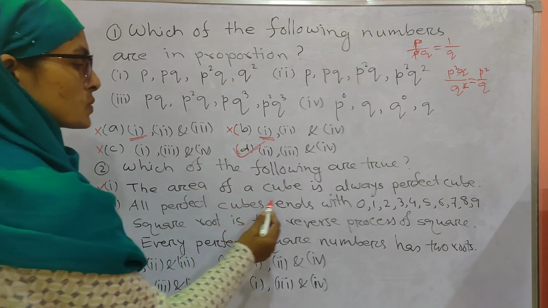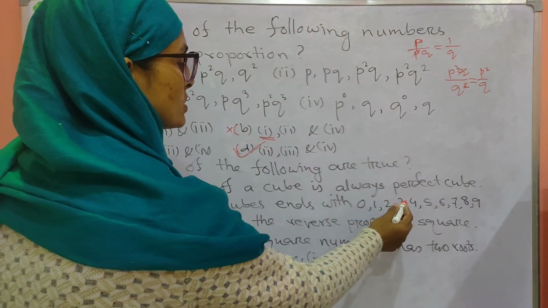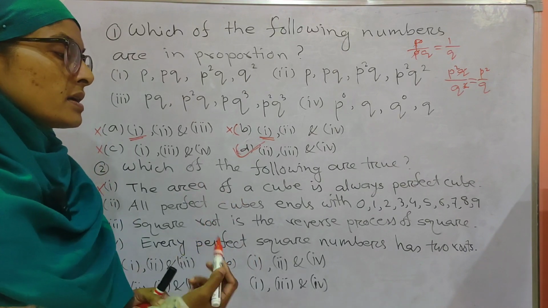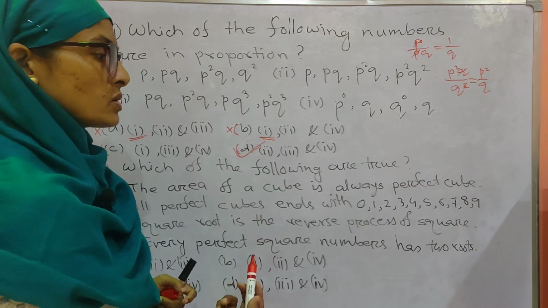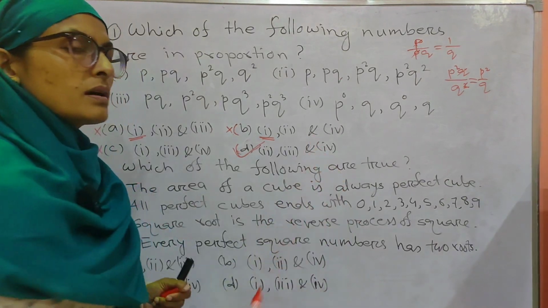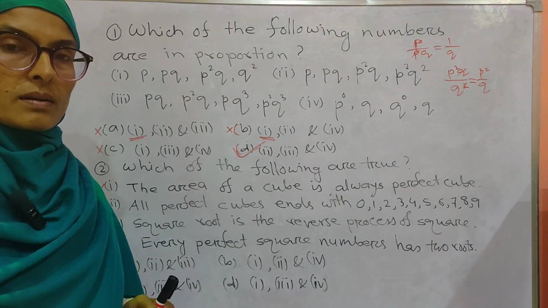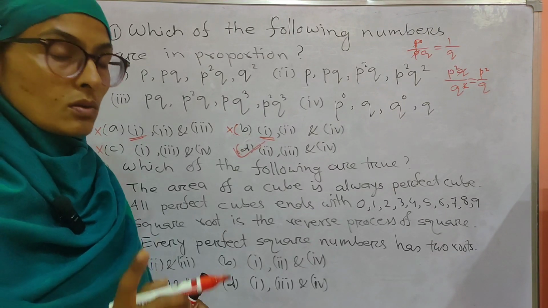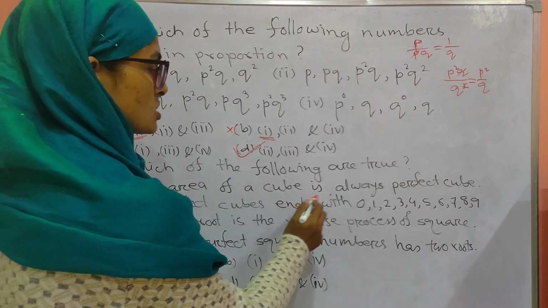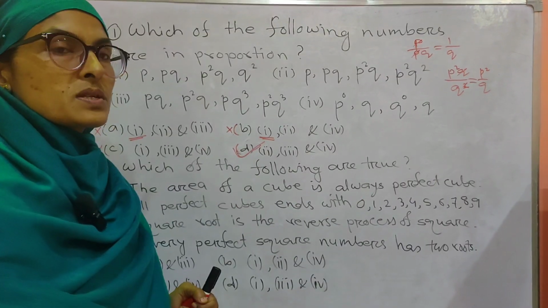All perfect cubes end with 0, 1, 2, 3, 4, 5, 6, 7, 8, 9. But if an even number of zeros is given, then this is not a perfect cube. Remember this one. But here it is given all perfect cubes end with 0, 1, 2, 3, 4, 5, 6, 7, 8.